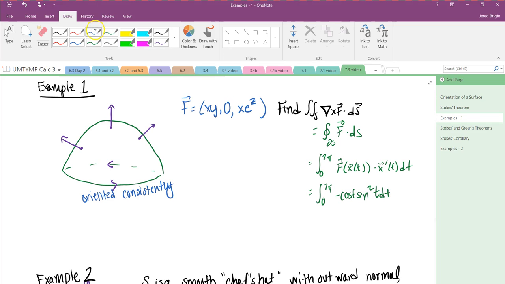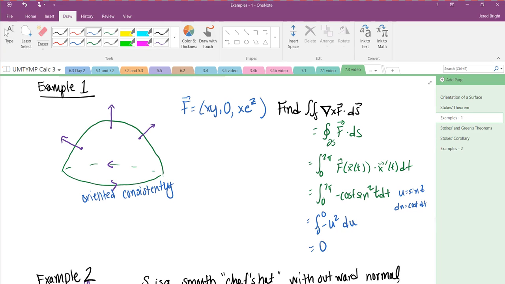And so with this, we can do a u substitution. u is sine t, and du is cosine t dt. So then we end up getting u squared du, and I have a negative in here, and then when I put in the boundaries, well, that's going to be 0 to 0, so this is just going to be 0. Oh, that's interesting. Okay, so there you go.